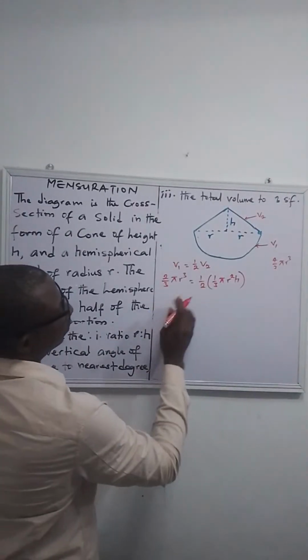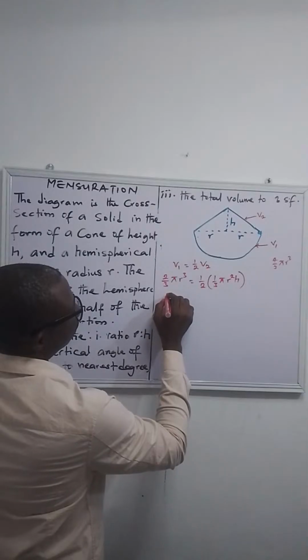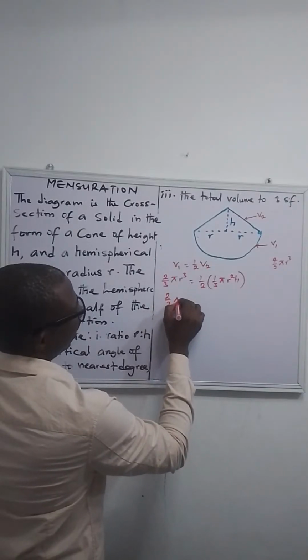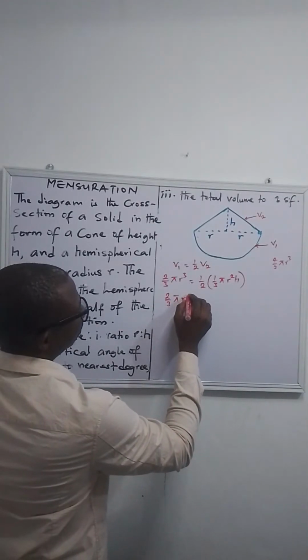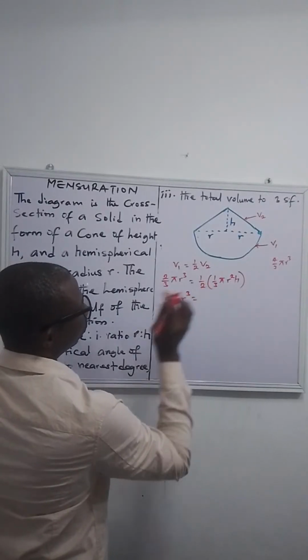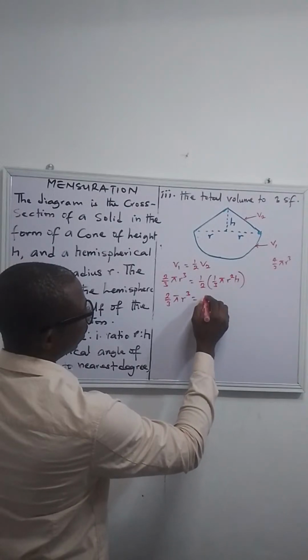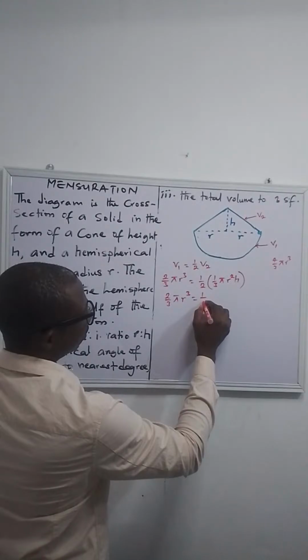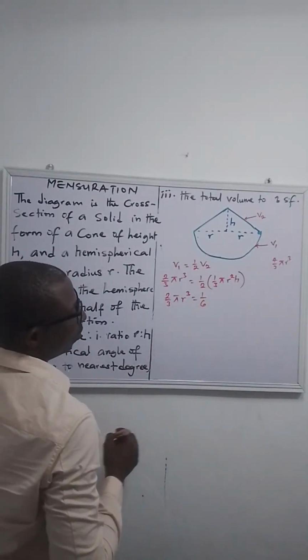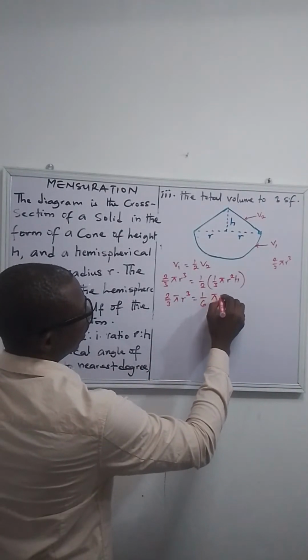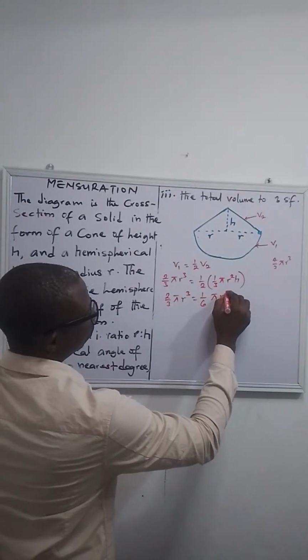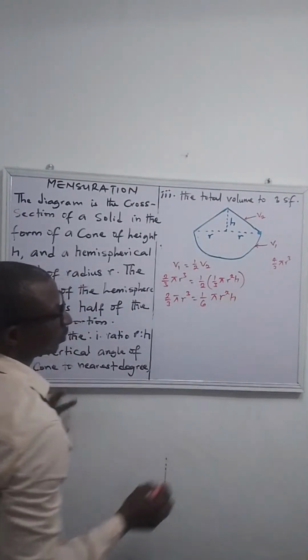Let's find a way of simplifying this. We have 2 over 3 pi R raised to the power of 3 equals to... now when you multiply, you open the bracket, you have 1 over 6 pi R squared H.